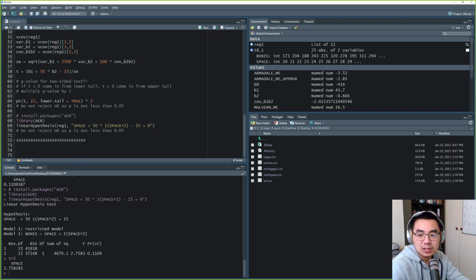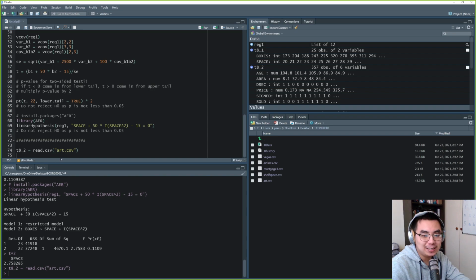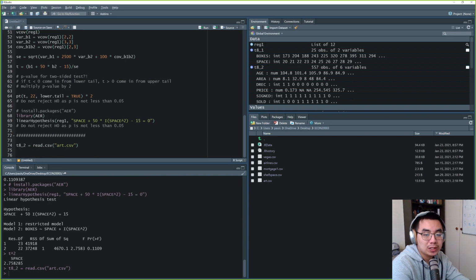What I'm going to do here is import this data set, which I've got here as art.csv. So t_2 is read.csv, art.csv. So here's the data set, and let's run the regression. reg2 is lm. Now it's a log of price, so in the brackets, log price, tilde, and what are the variables?